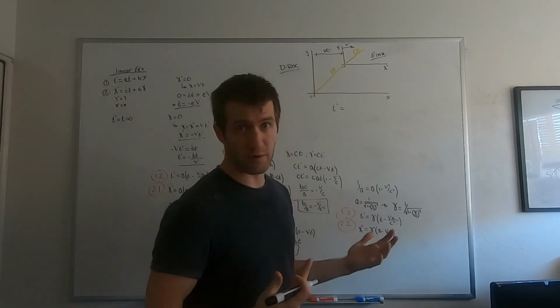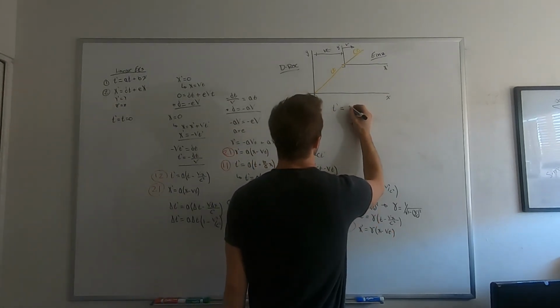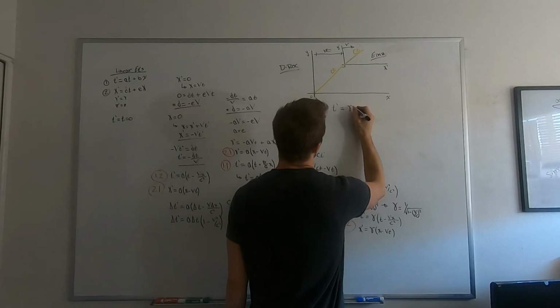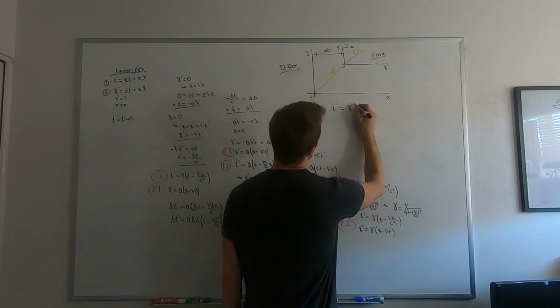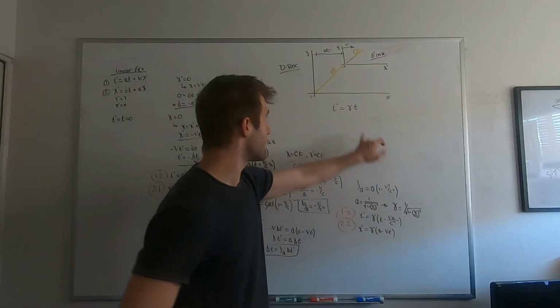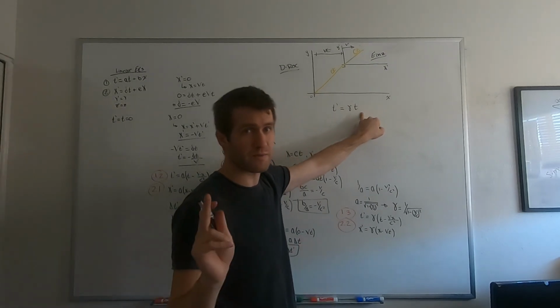So we can represent it like so: gamma times our notion of time, and this variable t is known as the rest frame.